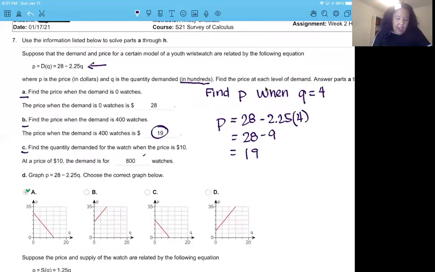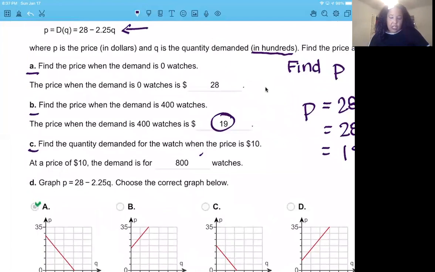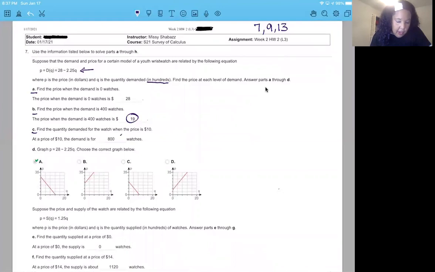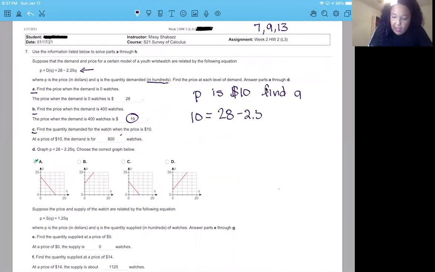Part C, find the quantity demanded for the watches when the price is $10. So this time we want to find Q when P is 10. Find the quantity Q. All right, so 10 is equal to 28 minus 2.25Q.